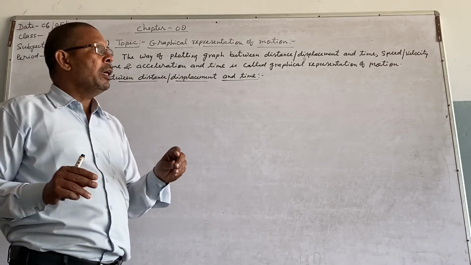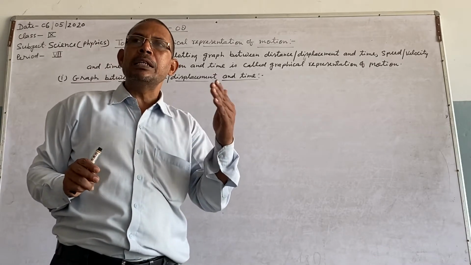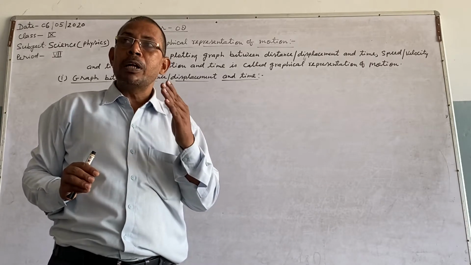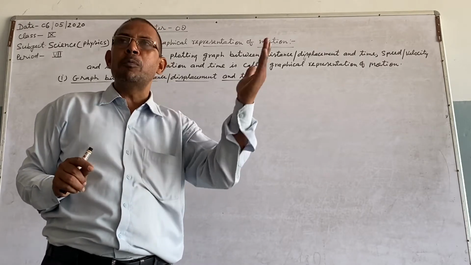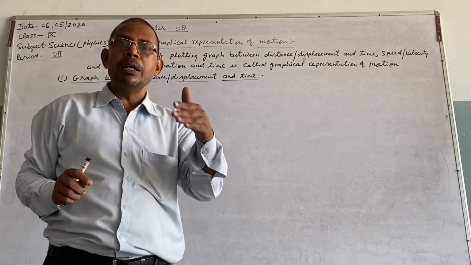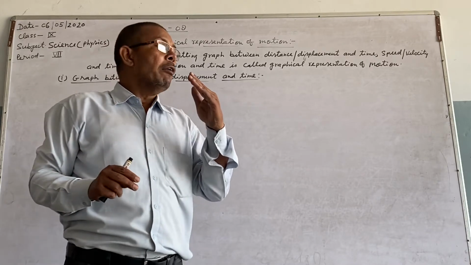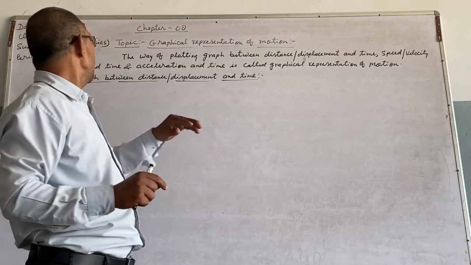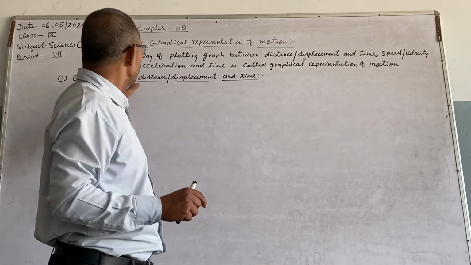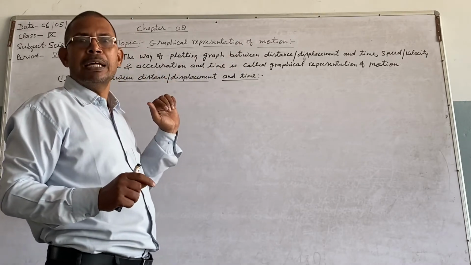When a body moves different distances in different intervals of time, or when a body is moving in uniform motion, it will cover equal distances or equal displacement in equal interval of time. So when a graph is plotted between distance and time, this graph is called graph between distance and time or displacement and time, right?